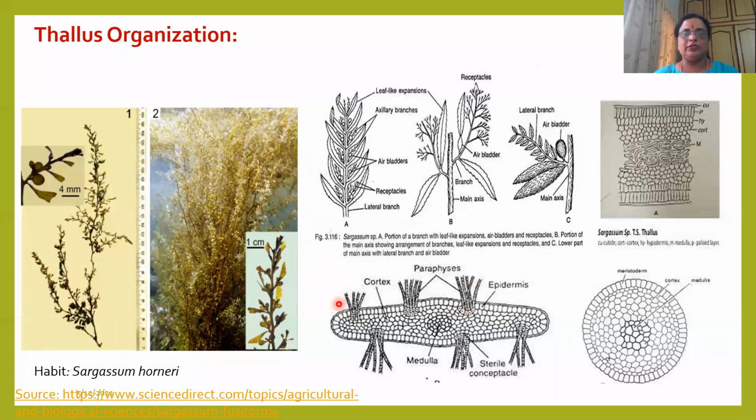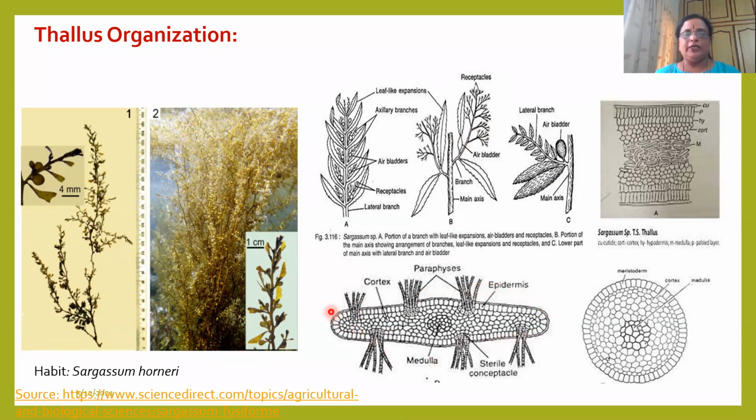So this is the transverse section of a receptacle. Say these are receptacles, and this is the transverse section I'm showing over here. This is the section of the leaf-like structure. This is a section of the receptacle.